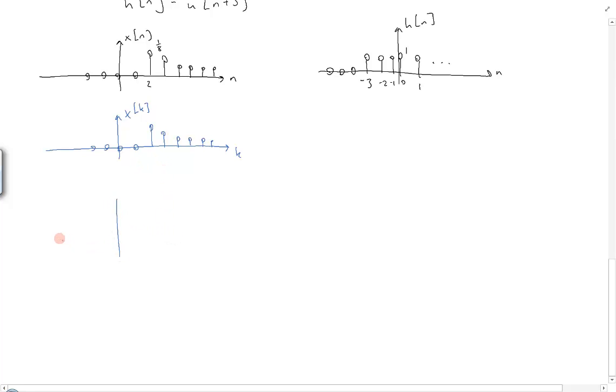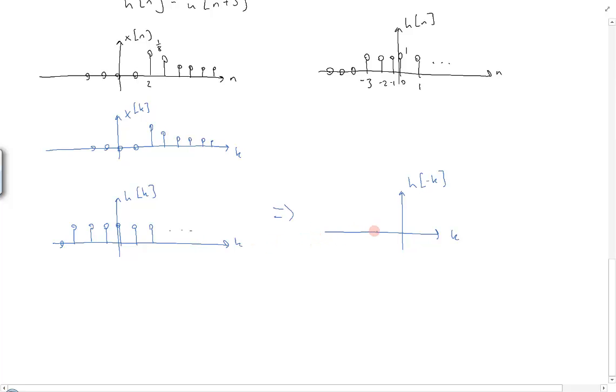First, we're going to draw h of k, and that's going to be the exact same thing as we had before, except now we have k on the x-axis. The next thing is to make h of minus k. That's just a time reversal, so therefore we're going to just reverse this about the y-axis.